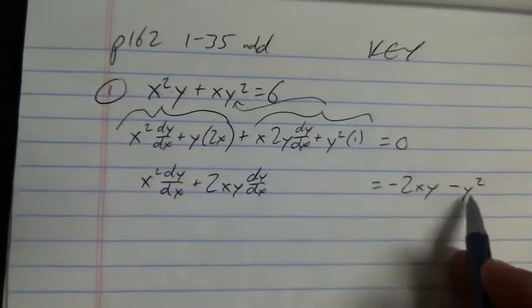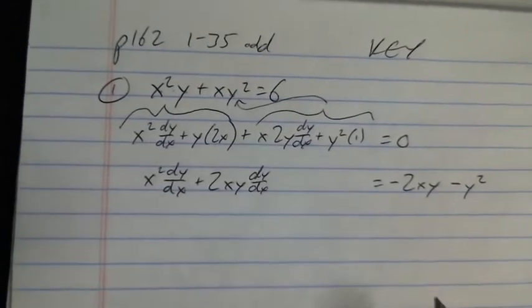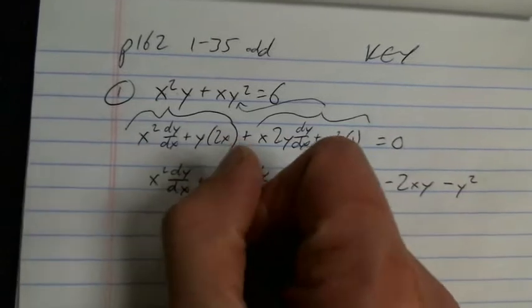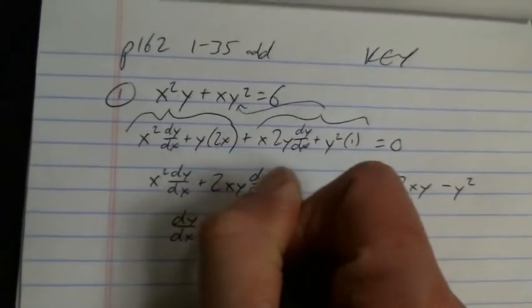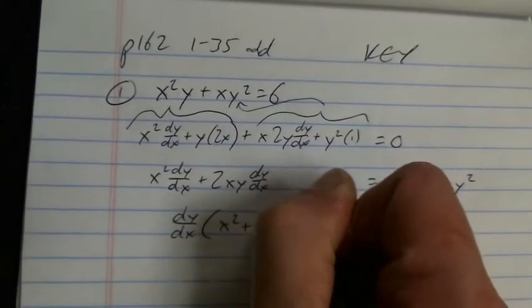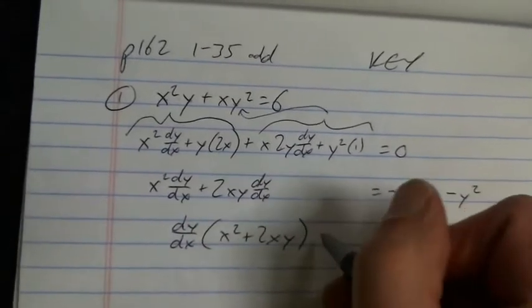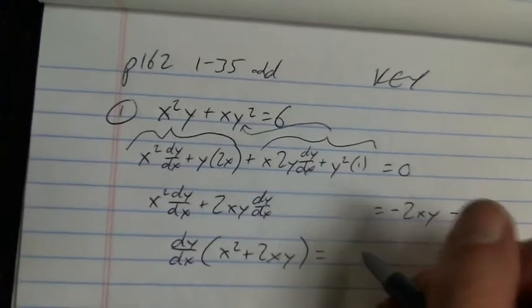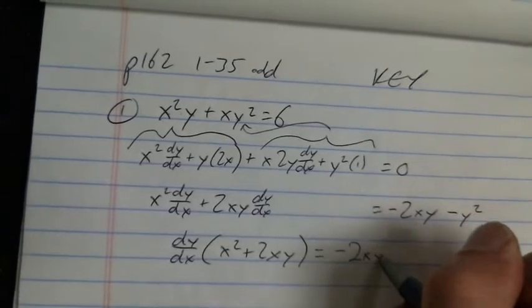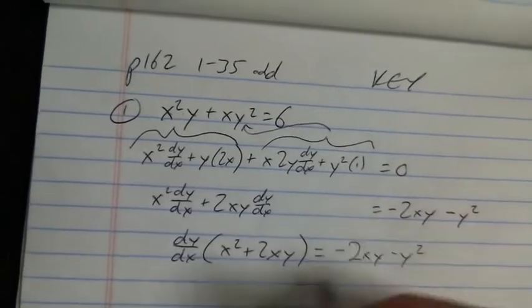And that's it. 1, 2, 3, 4 terms. So we factor out a dy/dx. x squared plus 2xy. And that's equal to negative 2xy minus y squared.